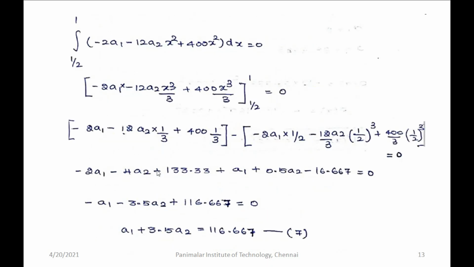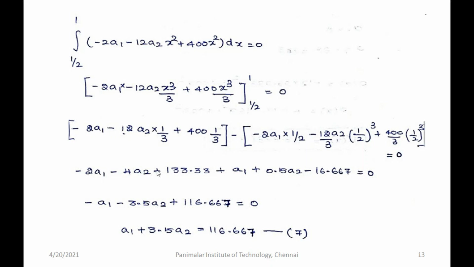Similarly, we have to get this equation for the second subdomain, which varies from 1 by 2 to 1. Now here the lower limit is 1 by 2, the upper limit is 1. So you have to do this carefully, and integrating this r of x, we will get the same terms: minus 2a1x minus 12a2 x cube by 3 plus 400 x cube by 3. Applying the limits, lower limit 1 by 2, upper limit 1.